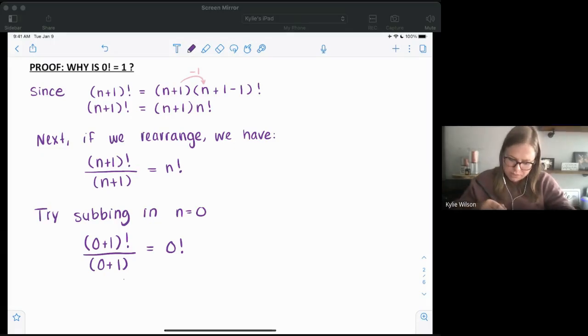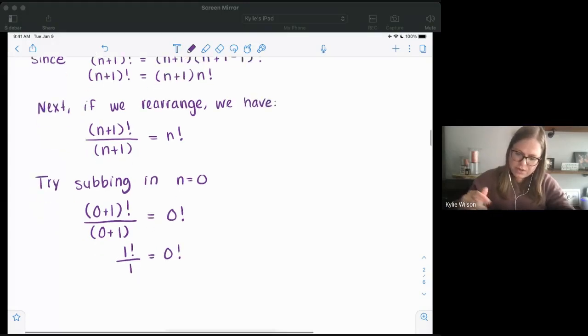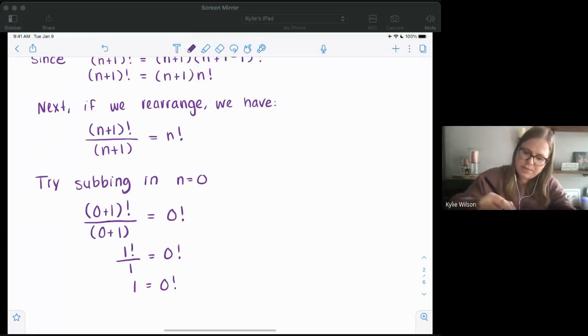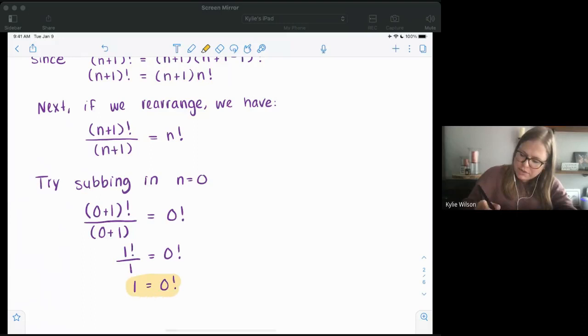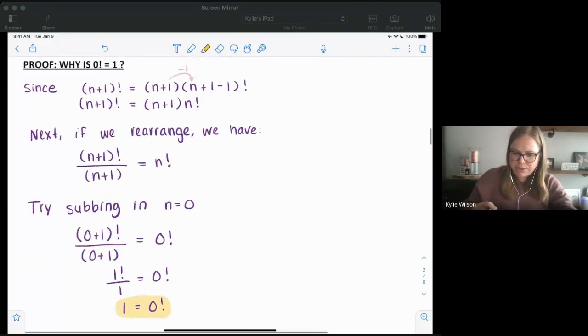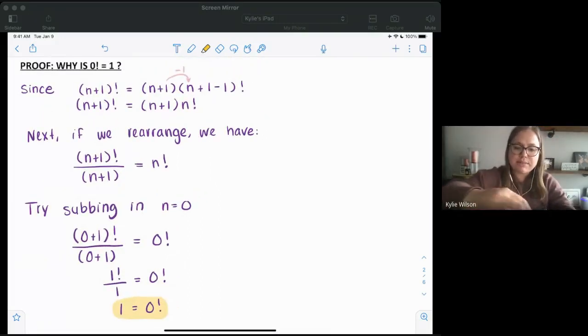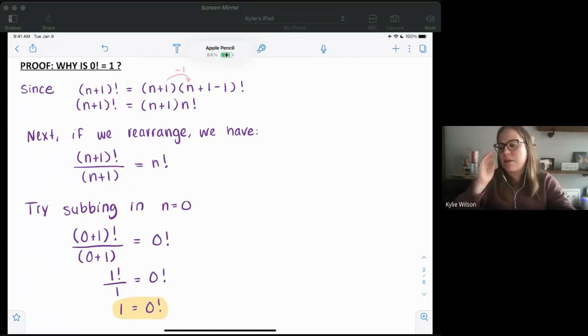That will give me 1 factorial over 1 equals 0 factorial, which gives me 1 equals 0 factorial. So that's where it comes from. That's an example of a mathematical proof. Again, not something we will do on our assessments, but important pieces to see how these things are put together, especially if you are going into higher level math courses, if that's something that is a goal of yours.